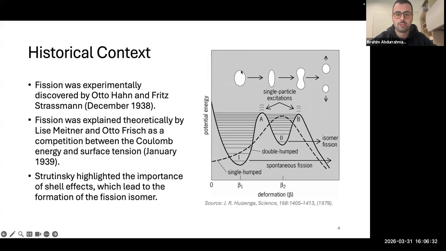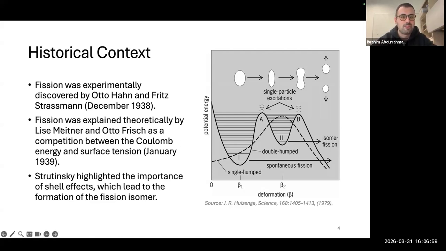So, as you might know, fission is when you have some compound nucleus that eventually splits into two or sometimes more fragments. In this process, it releases a large amount of energy, both in the kinetic energy of the remaining fragments and in the fact that they're hot nuclei.